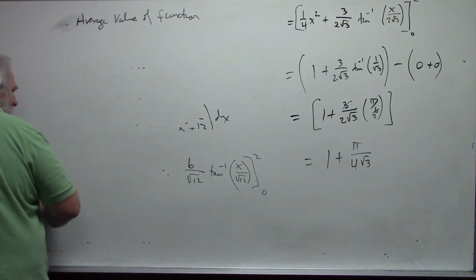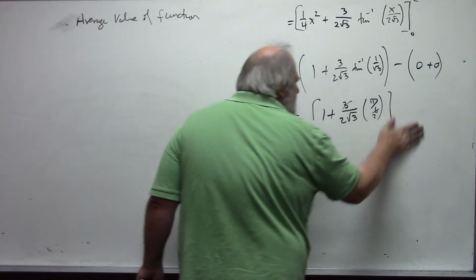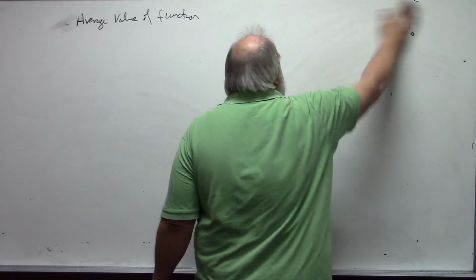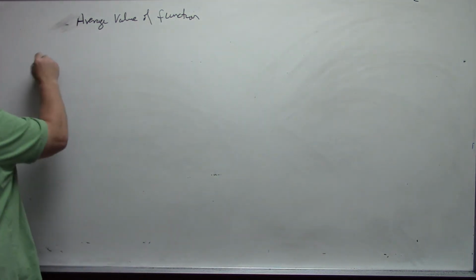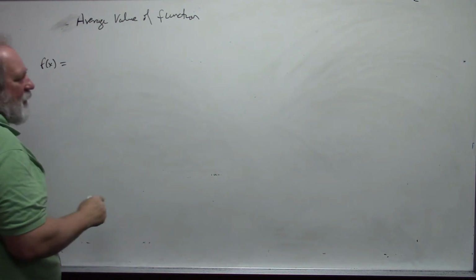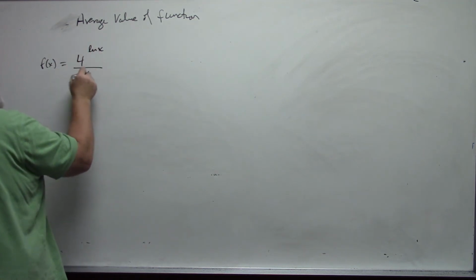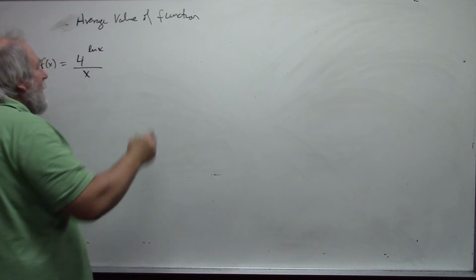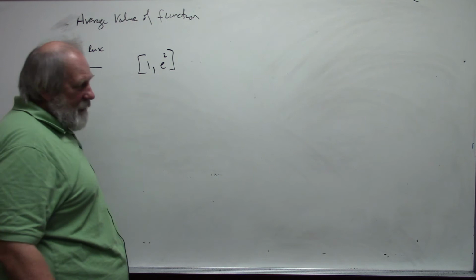My second example, let's suppose that I have f of x equal to 4 to the natural log of x, all over x, and the interval that I want is 1 to e squared.